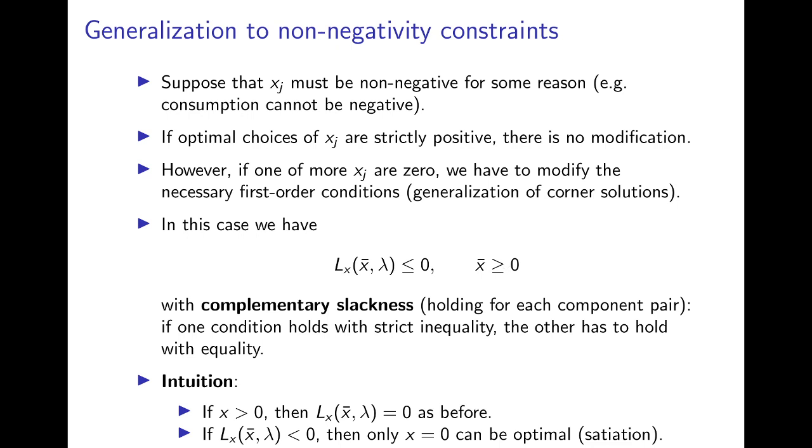And that means that the conditions hold with complementary slackness for each component pair. So that means whenever one condition holds with a strict inequality, the other has to hold with a strict equality.